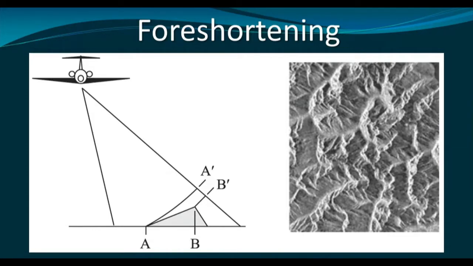If this happens, the foreside of the slope, that means this one, will be shortened on the imagery.